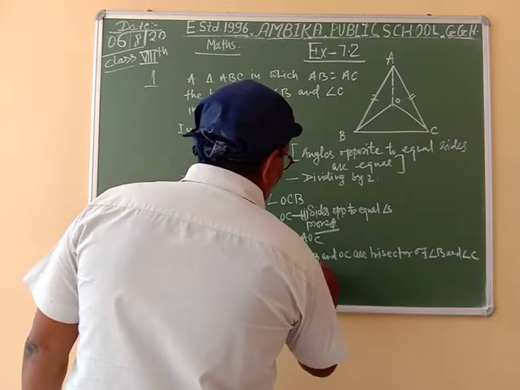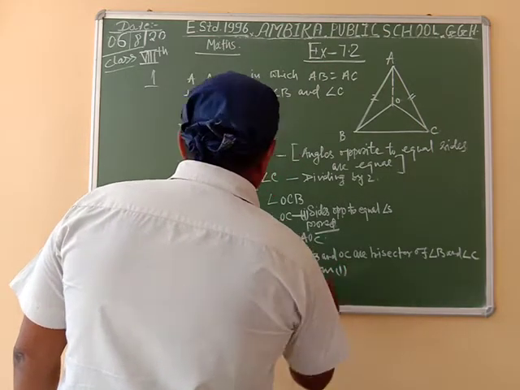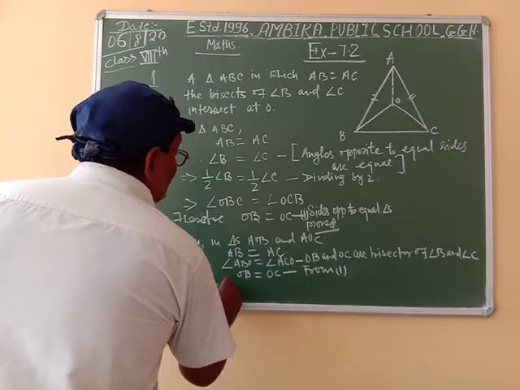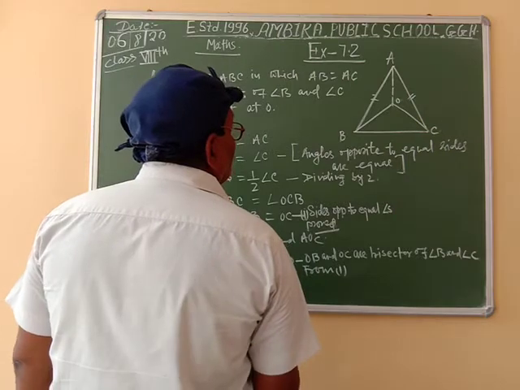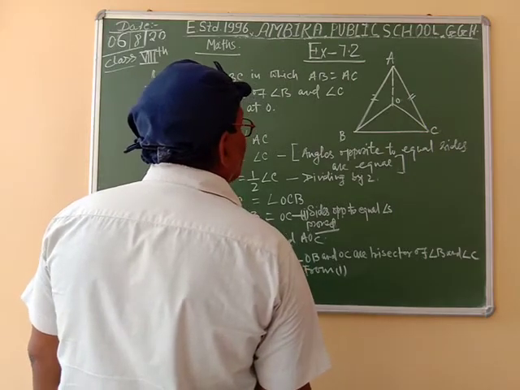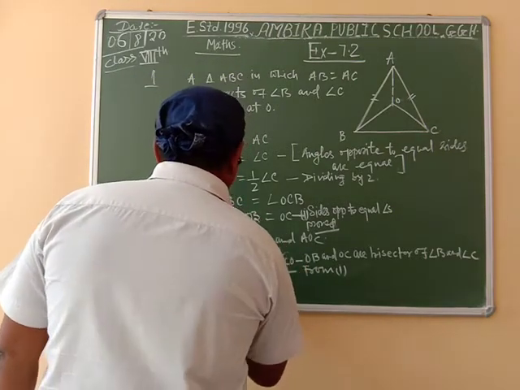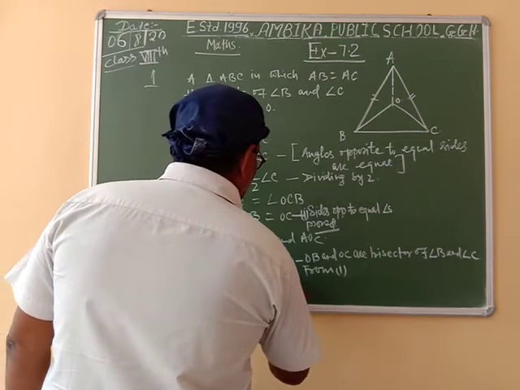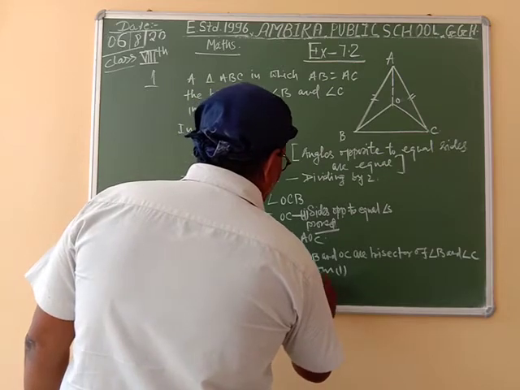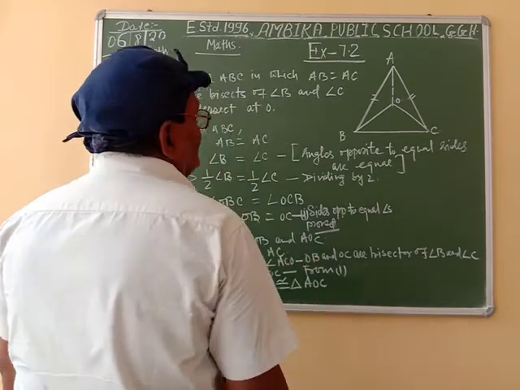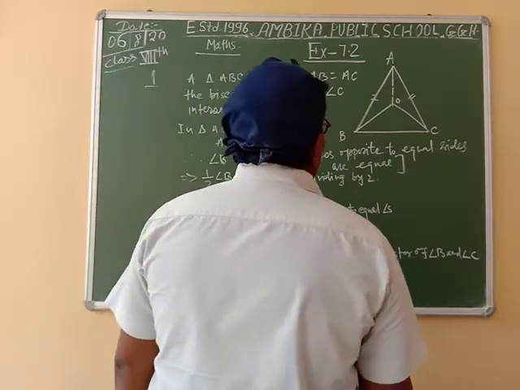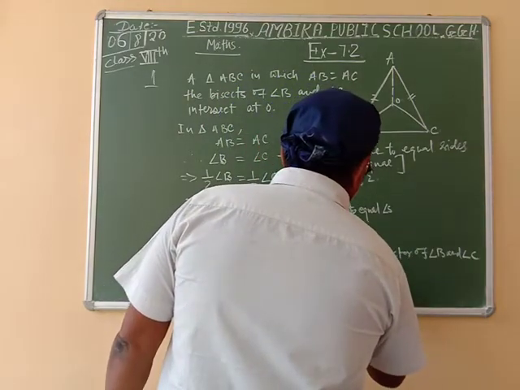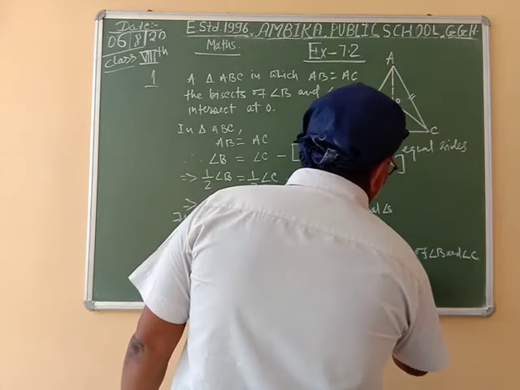From 1, therefore, triangle AOB is congruent to triangle AOC by SAS criteria.